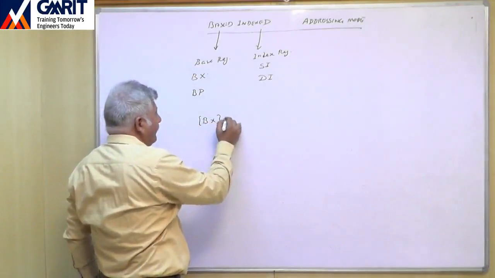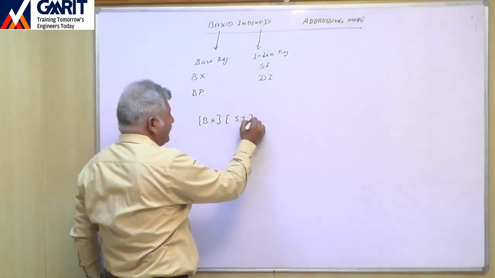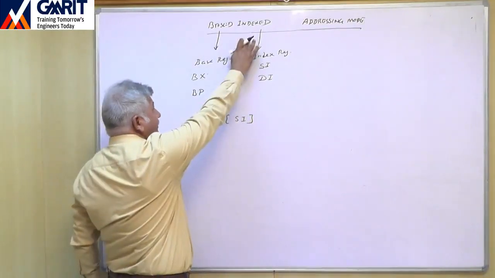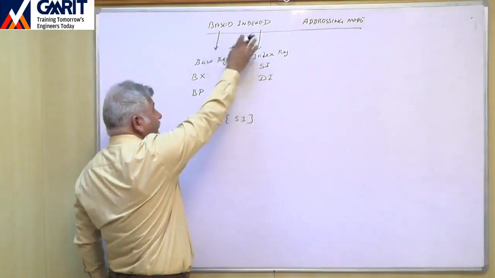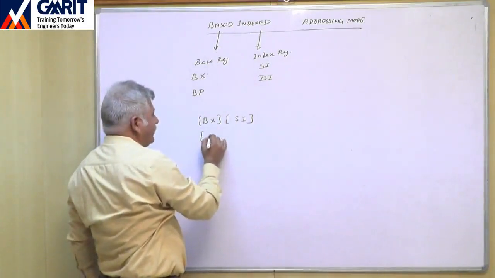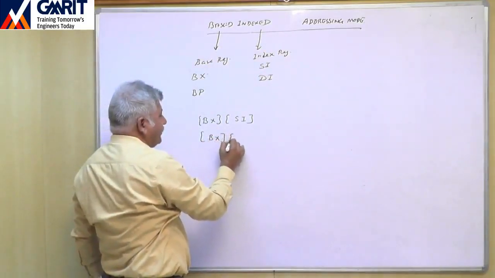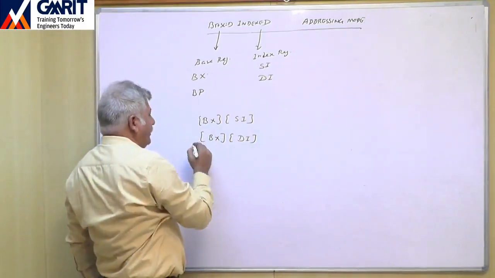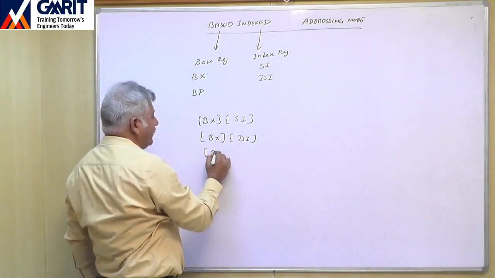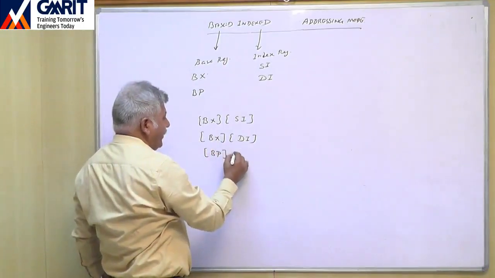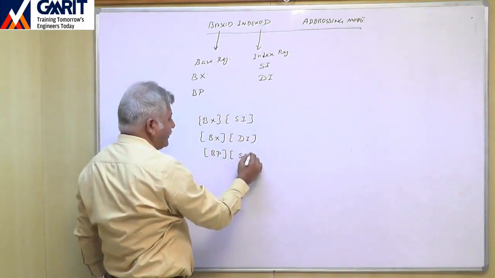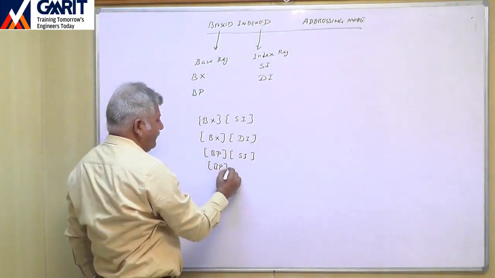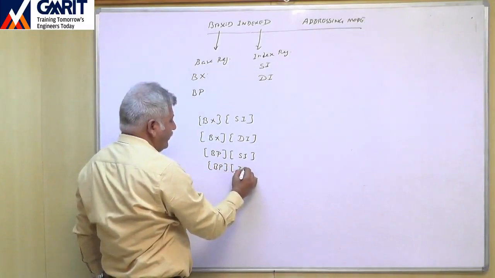BX and SI can be one combination. This is the base register, this is the index register. You have to take one register from each category. Another combination is BX and DI. Another can be BP and SI. And another is BP and DI.